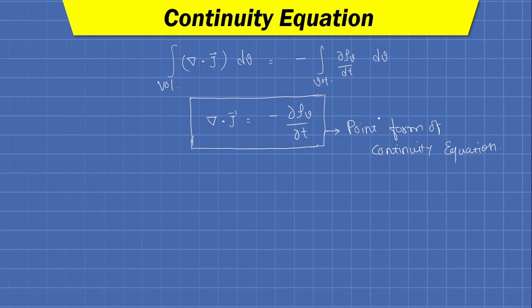So point form can also be referred to, at the same time differential form can also be referred to for this kind of equation. Okay. Now the equation states that the current, or the charge per second, diverging from a small surface per unit volume is equal to the decrement of the time rate of its volume charge density. Fine. So one can imagine the same.